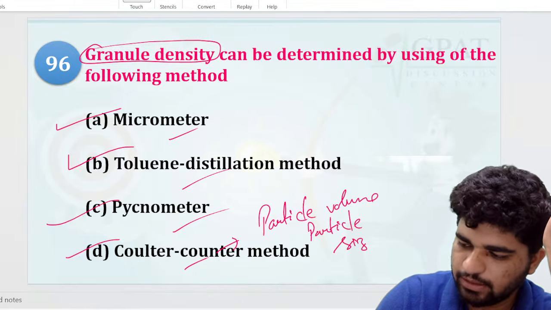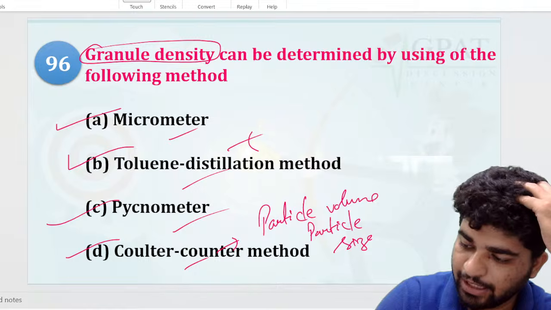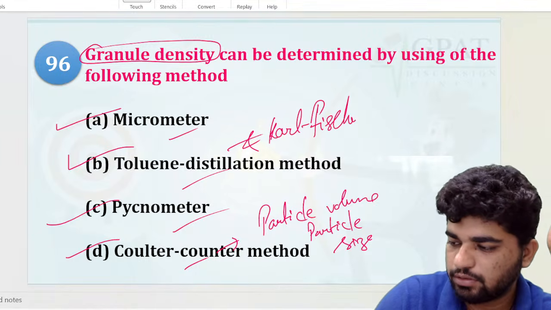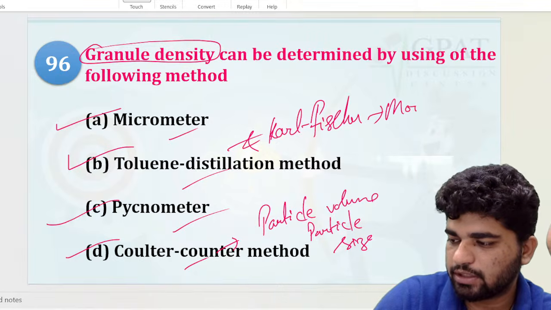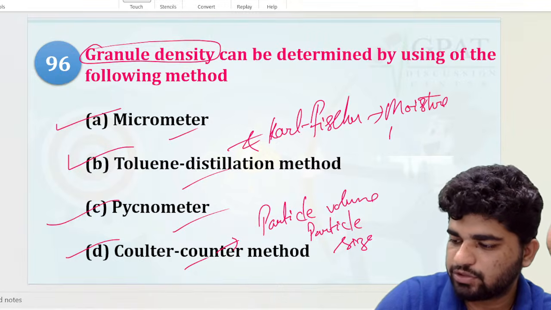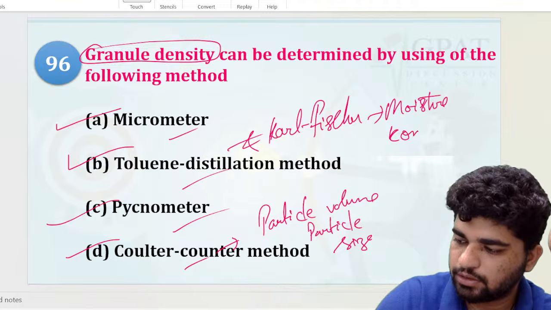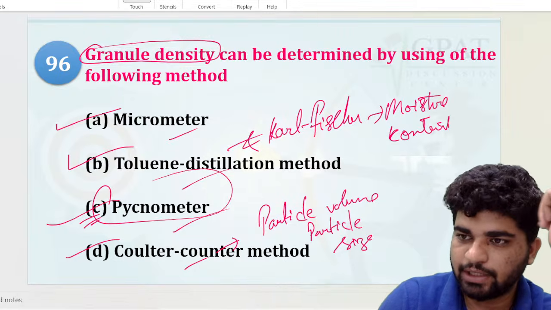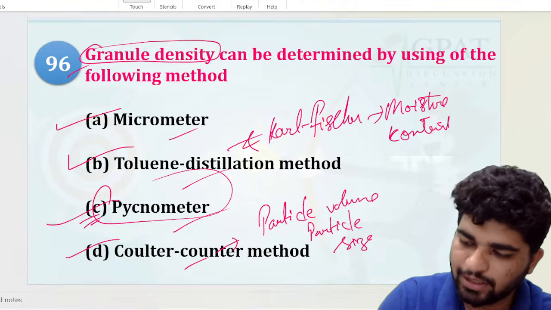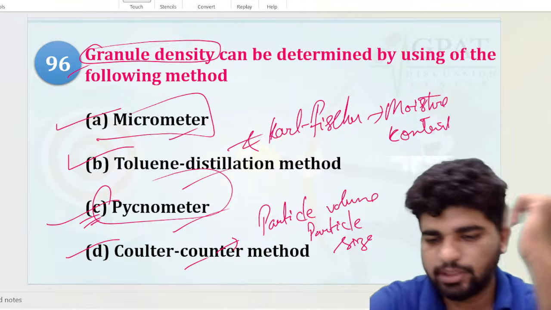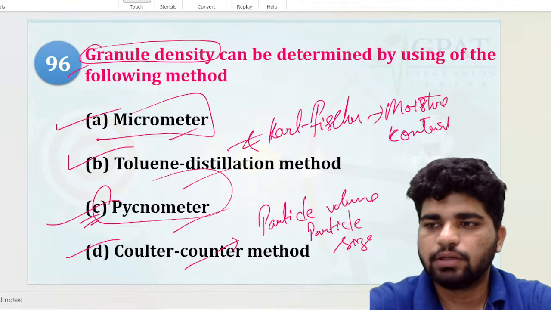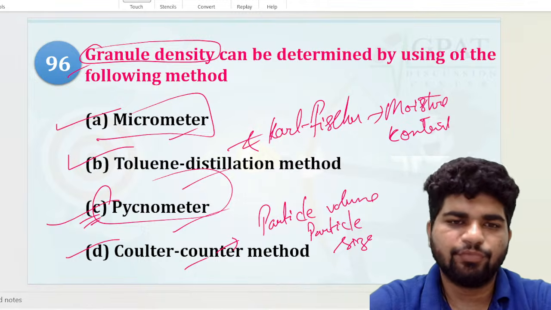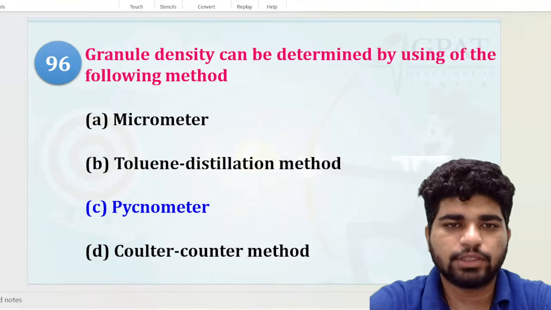Karl Fischer method is for moisture content. Pycnometer is going to be your correct answer over here, that's your granule density. Micrometer is obviously for volume only.